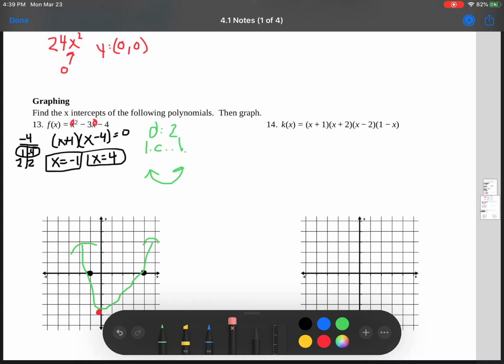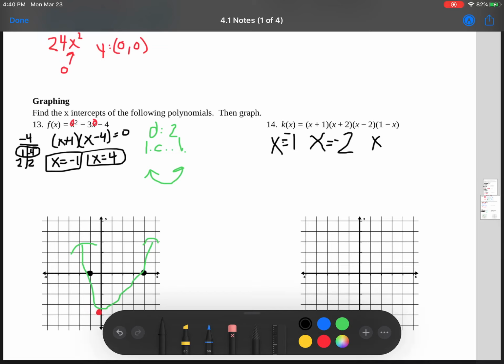Now, for number 14, we already have our factors like we said. So for number 14, if we take a look at our factors, our first factor will be x equals -1. Our second one will be x equals -2.